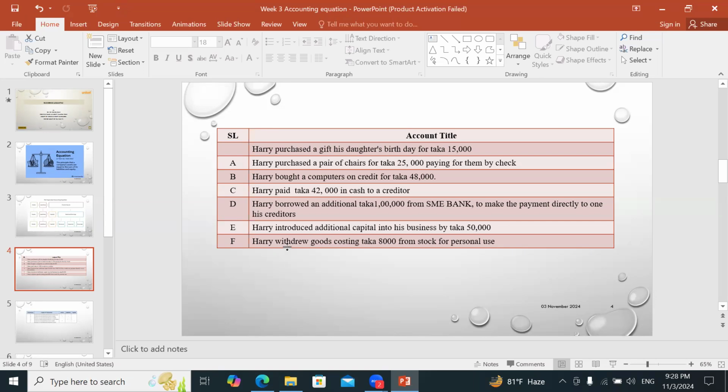Final transaction. Harry withdrew goods costing taka 8,000 from stock for personal use.